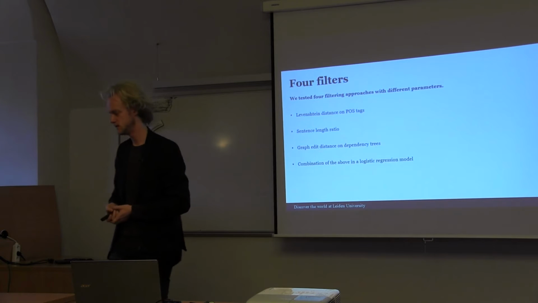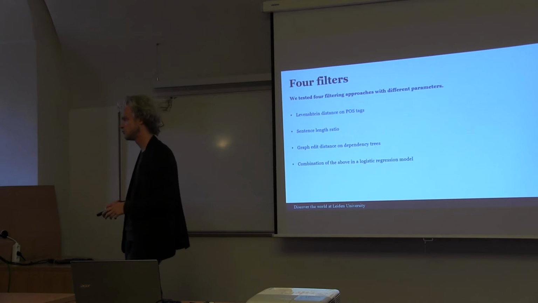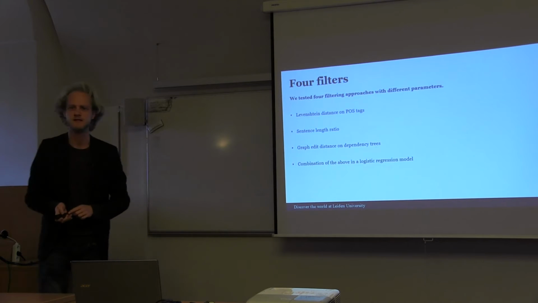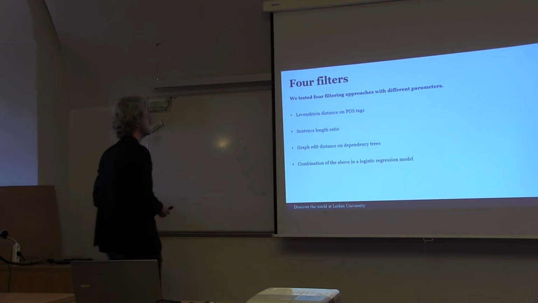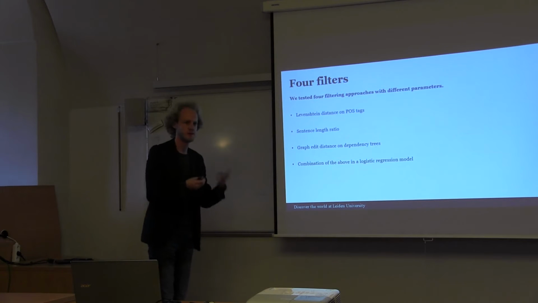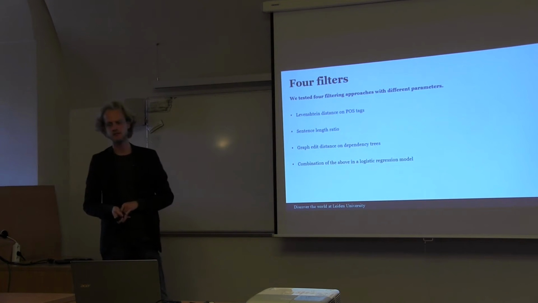So what we did, we explored 4 filters, 4 techniques, 4 approaches, and tested them with different parameters. We looked at a Levenshtein distance on part-of-speech tags, because it is a very simple approach. We looked at the sentence length ratio, which was also a very simple approach.